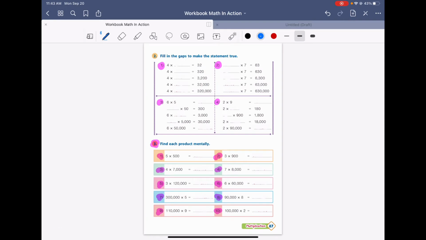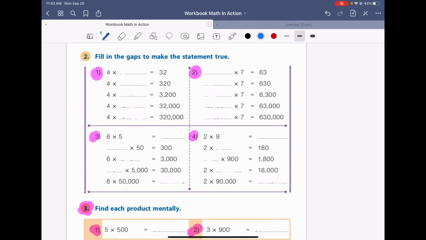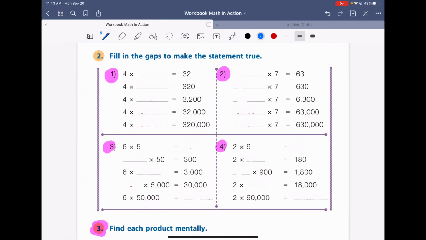Page 87. I asked you to do this page for homework as well.